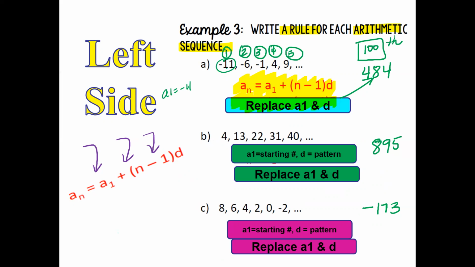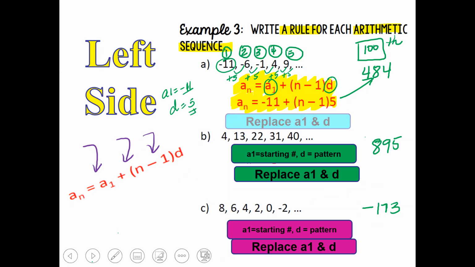Your pattern from negative 11 to negative 6 is that you are adding 5. From negative 6 to negative 1, you're adding 5. Negative 1 to 4, add 5. 4 to 9, add 5. So your D is 5. Now, replace the A1 with the negative 11. Replace the D with the 5. And that's your equation.